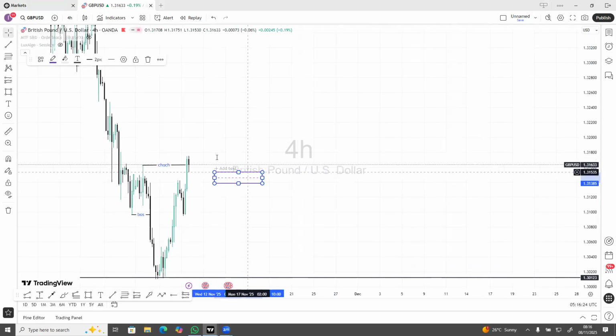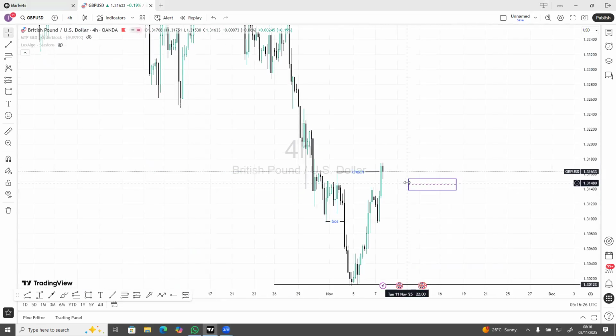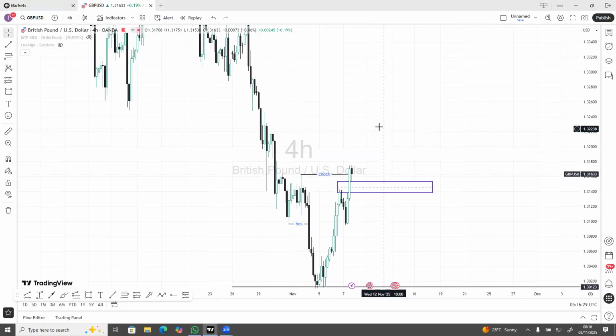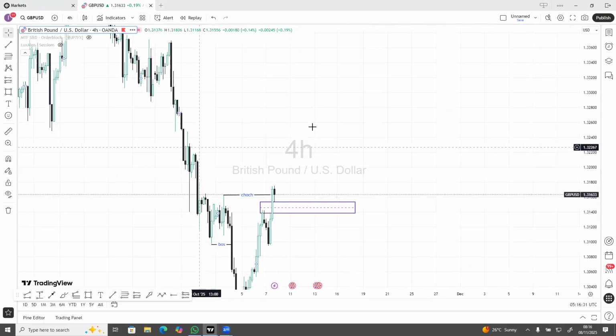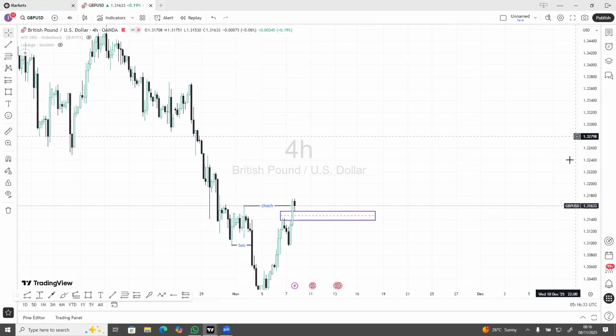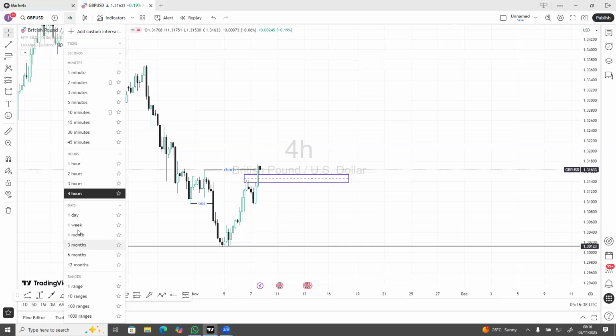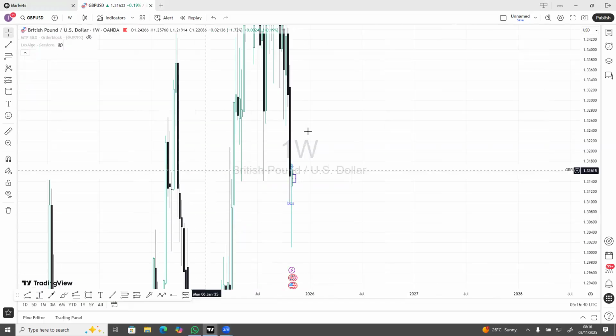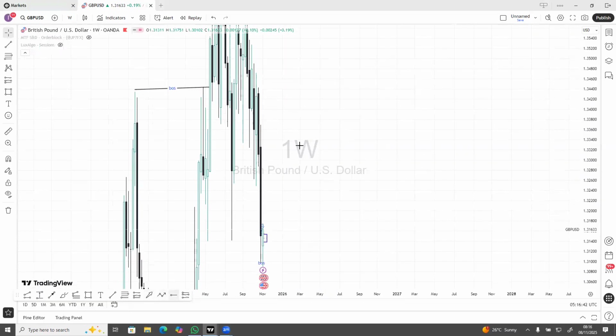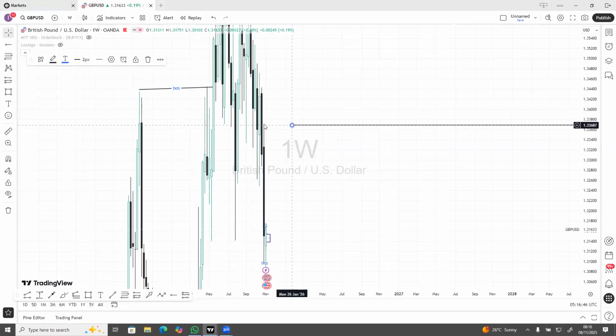We will consider this FVG created over here next week to execute a buy flow. So let us look at the weekly target on the weekly time frame. That is our weekly target.